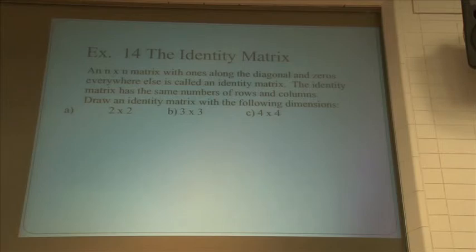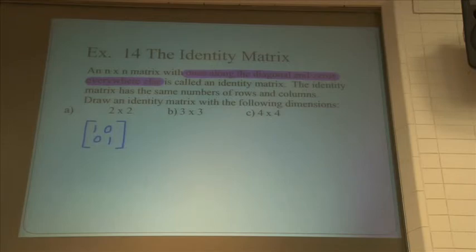So for a 2 by 2, things to keep in mind: you have 1s along the diagonal and 0s everywhere else for the identity. So for a 2 by 2, you would have a box. You have 1s on the diagonal and fill in the 0s everywhere else. All there is to it for the identity.